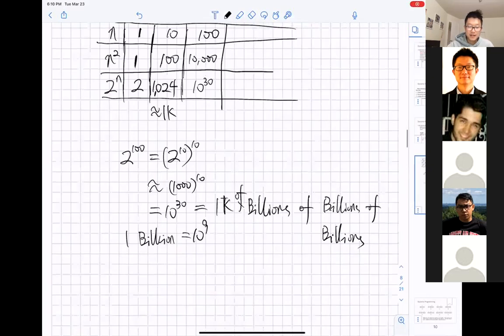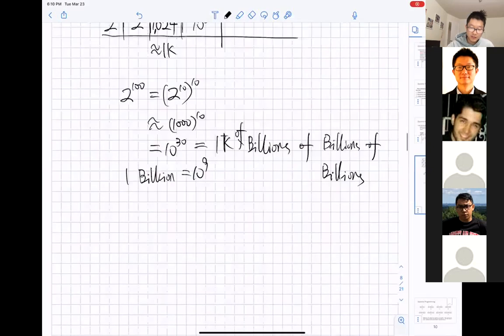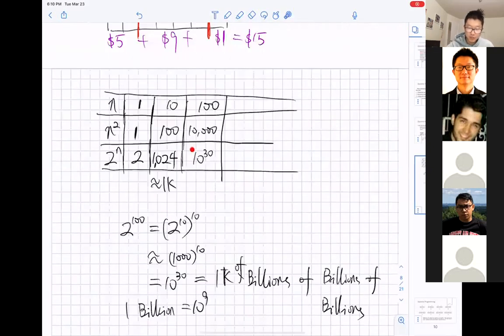So this means that if we're given a problem, a route whose length is 100, we need around 10 to the power of 30 instructions in order to calculate the solution.